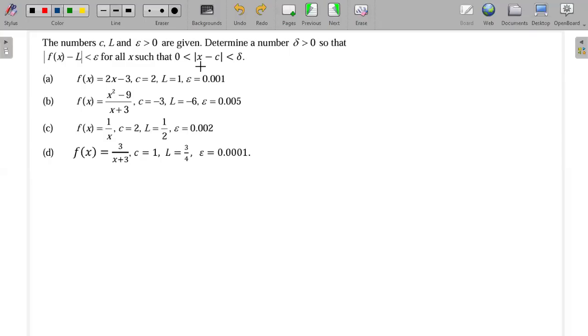So you denote a limit, say the limit as x approaches a certain value c of a function f of x, this is equal to L, where L is that limit.